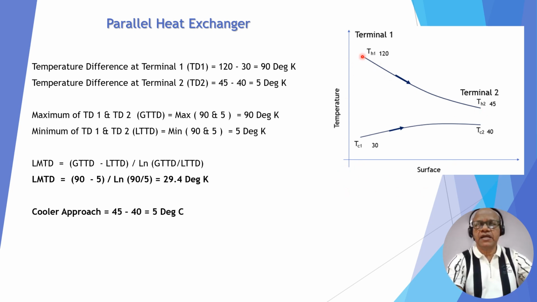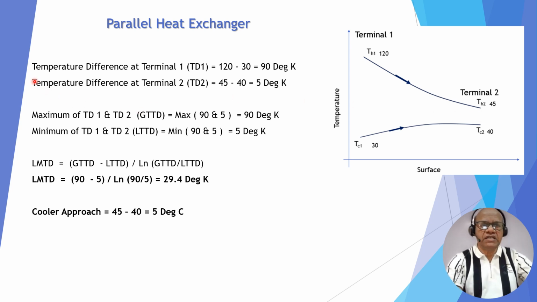TH1 120 degrees comes to TH2 45. This is terminal 1 and terminal 2. At terminal 1, cooling water is TC1 30 degrees and becomes TC2 40 degrees. So there is always a separation or gap and difference, and that is why there is heat transfer.